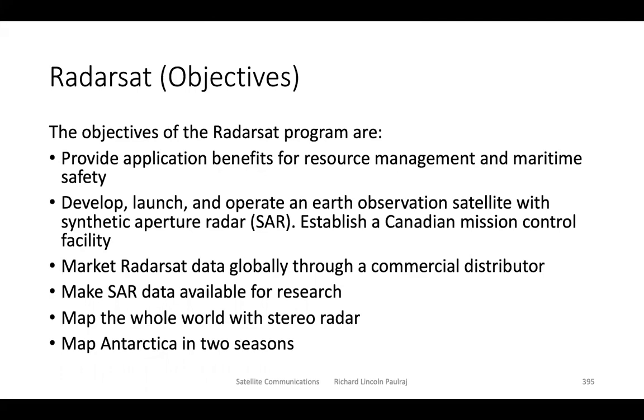Suppose there's no support from the neighboring countries. Let's say you're planning a travel from point A to point B, and that passes through various countries. So if there is no proper understanding, let's say this is point A and this is point B, and you want to travel from point A to point B, and here you have a lot of countries coming in between, right?